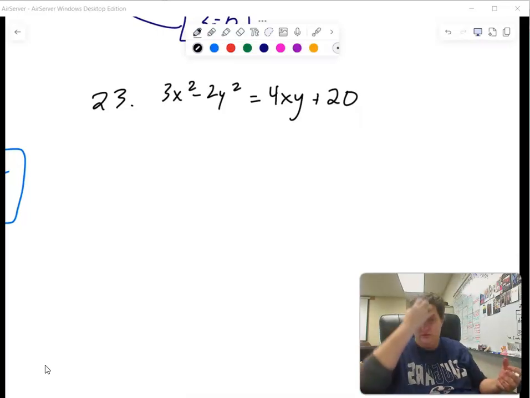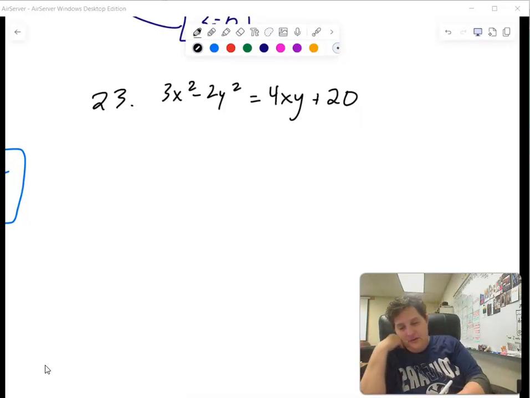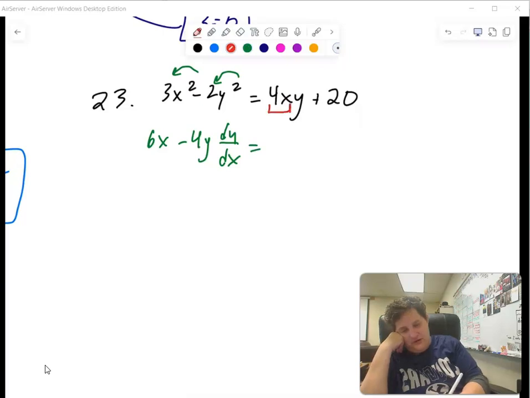That's why these reviews are so good, because they're really going to help you stay on top of everything for the AP test, right? Okay, 6x minus 4y dy dx equals product rule. I'm going to put the 4 with the x, so derivative of the first times the second, plus the first times the derivative of the second, and gone.